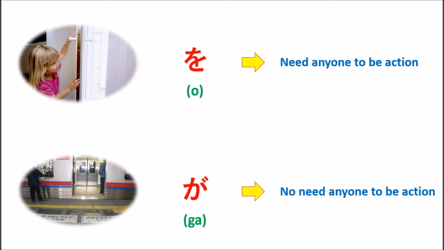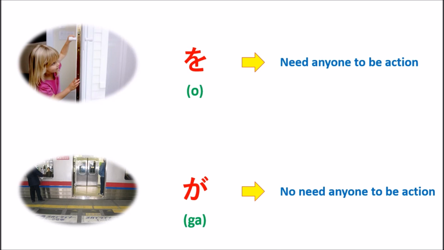And so what is the difference between o and ga? Or when will we use o and ga? We will use o when somebody makes the action. For example, I do something, or Tanaka-san does something, then we use o.